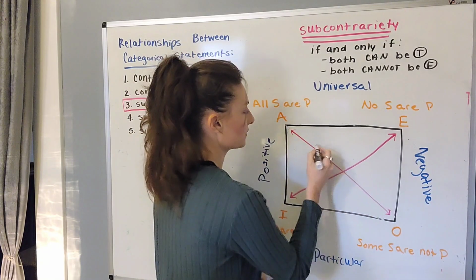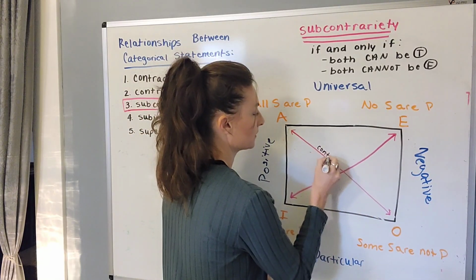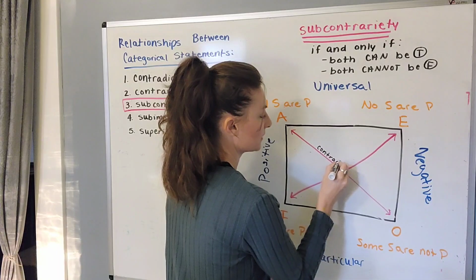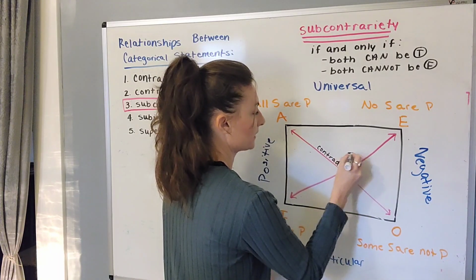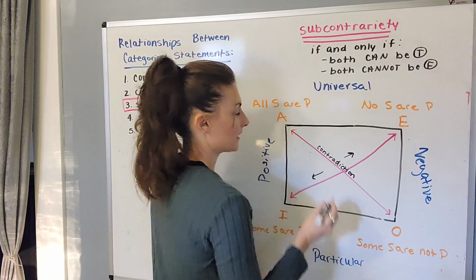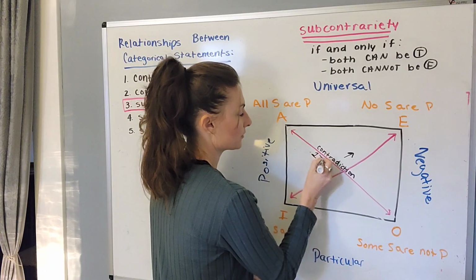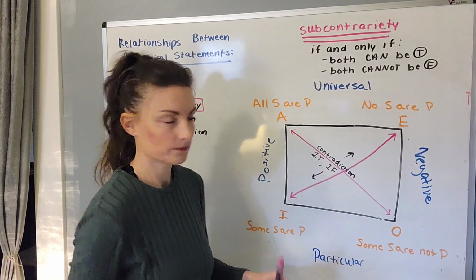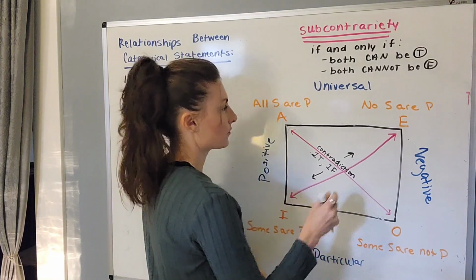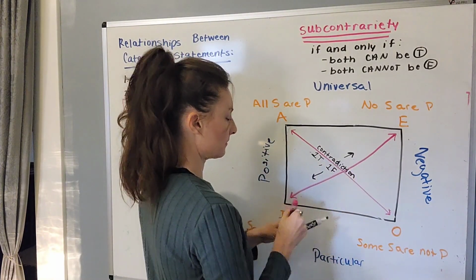So I'm going to write contradiction, and just remember it goes both ways. It goes this way and this way. And this one means one is true, one is false. Always.